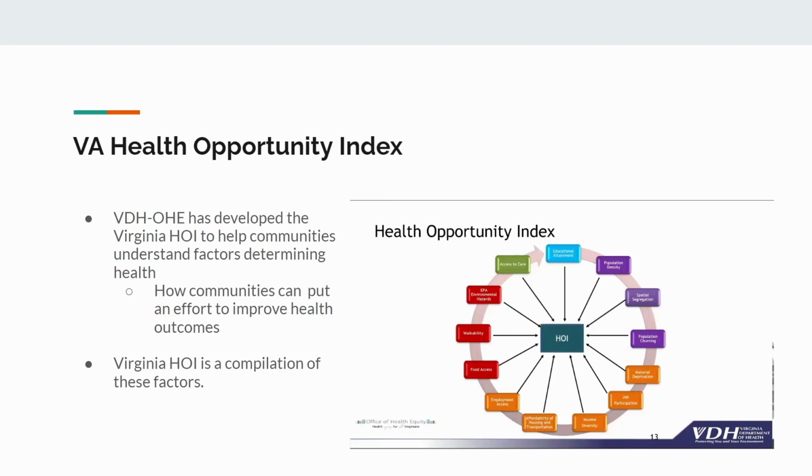The HOI is a composite measure of the social determinants of health: the social, economic, educational, demographic, and environmental factors that relate to a community's well-being and the health status of a population. The U.S. Centers for Disease Control and Prevention estimates that more than half of the variation in health outcomes is driven by the SDOH.